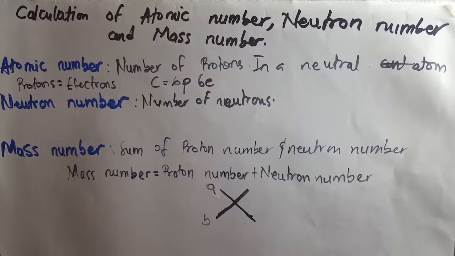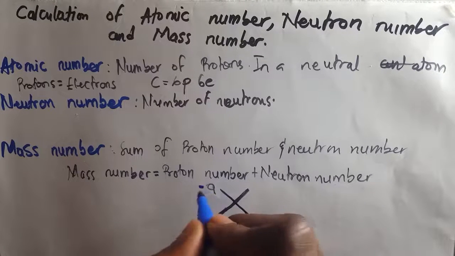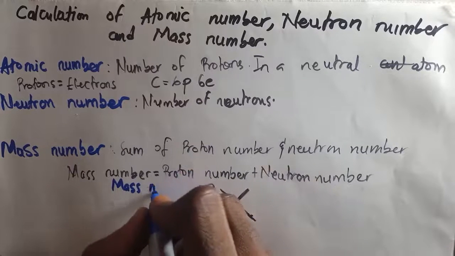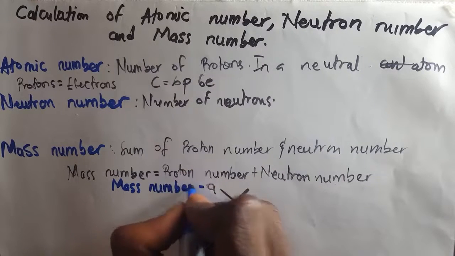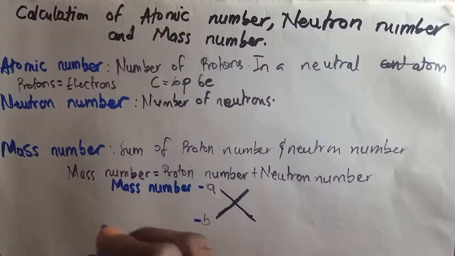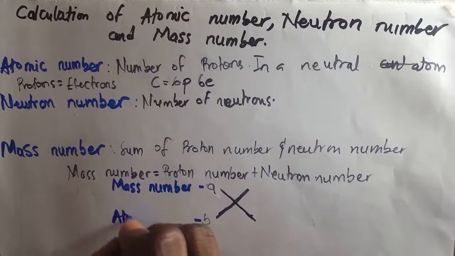A at the top will represent the mass number, and B will represent the proton number.